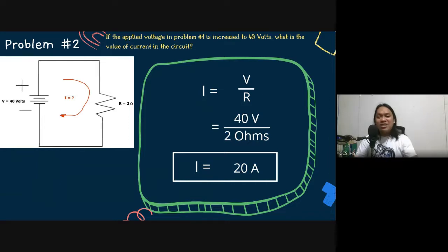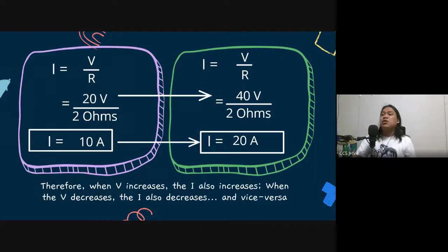So from that, what have you observed? Is the statement correct that when voltage increases, current also increases? Okay, very good. It's correct because from 20 volts, we increased the value of our voltage to 40 volts. As you can see, the value of our current increased. The answer from the first problem is 10 amperes.